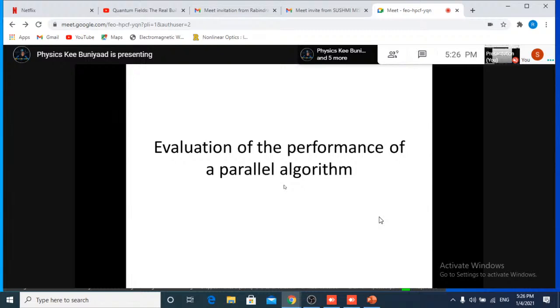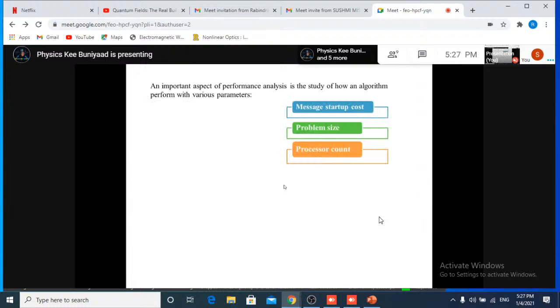Suppose I change message startup cost, or problem size, or processor count. Suppose I have an algorithm and I am executing with 10 processors, then I will check, if I change the 10 processors to 20 processors, how my algorithm performs. So this is called the evaluation process of the performance of an algorithm.